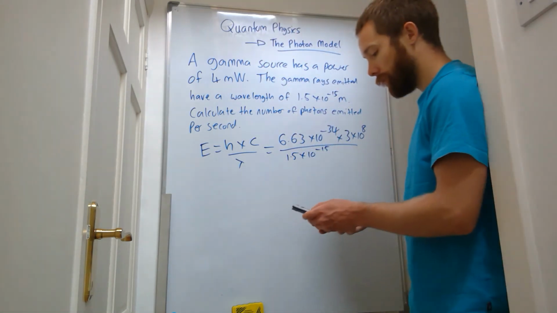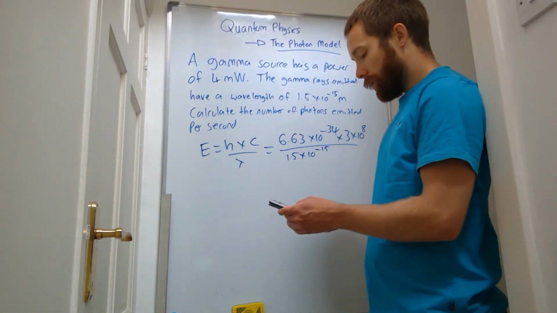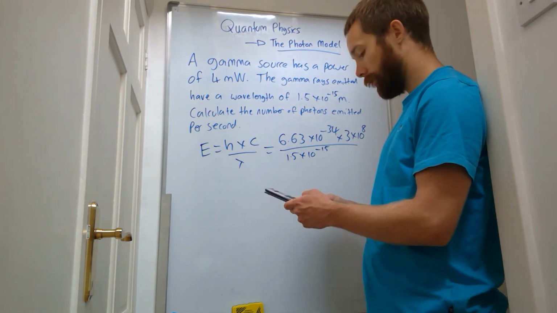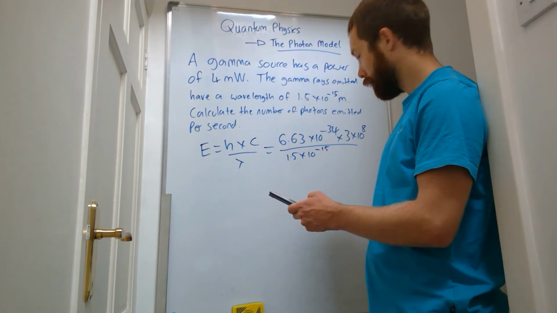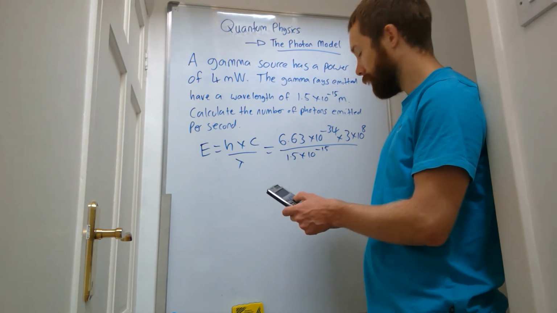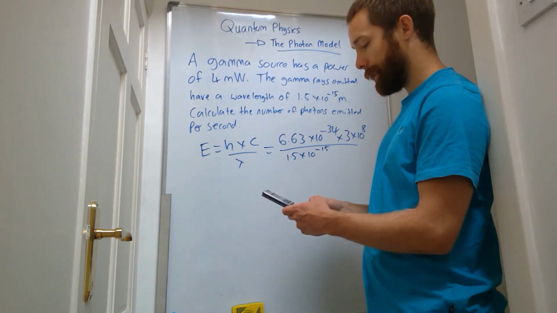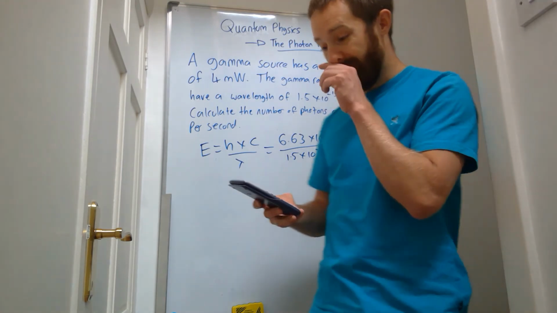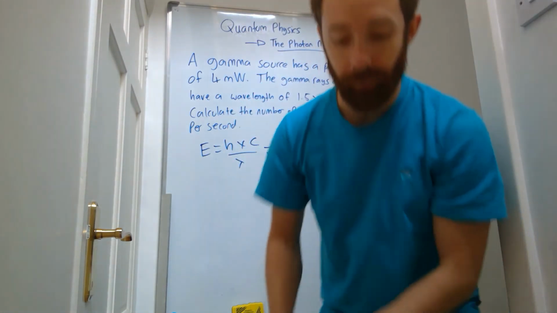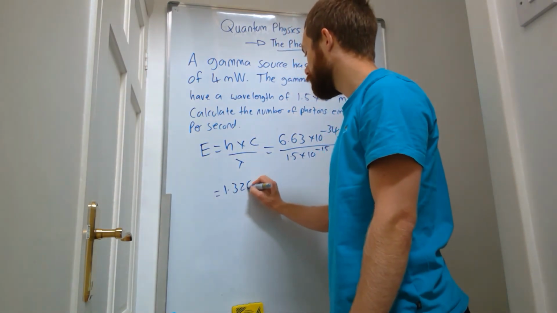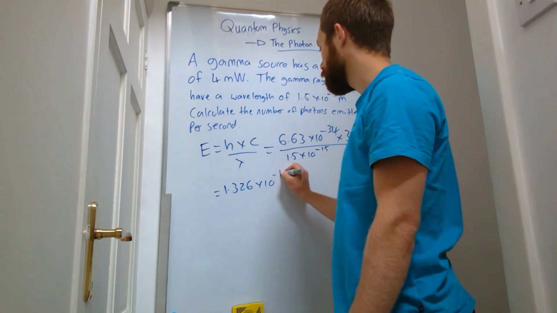We'll work this out. 6.63 times 10 to the minus 34 times 3 times 10 to the 8 over 1.5 times 10 to the minus 15 gives 1.326 times 10 to the minus 10.